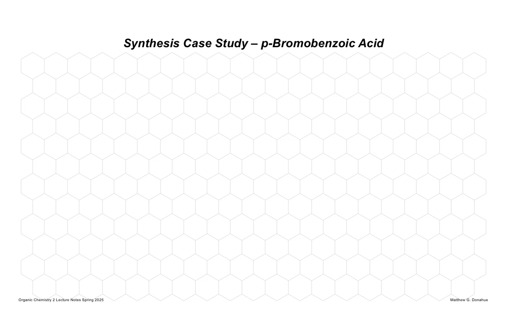So para-bromobenzoic acid. So there's our benzoic acid. Para tells us that the bromine is at the 4 position. The constraint here is you can start with benzene or toluene.